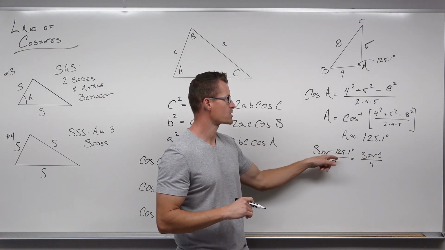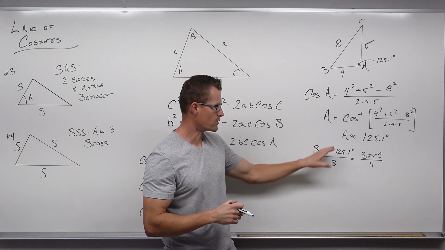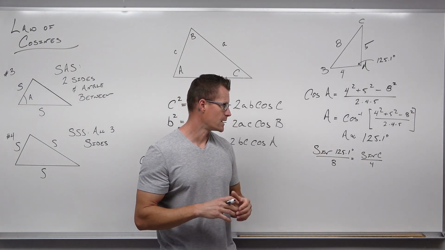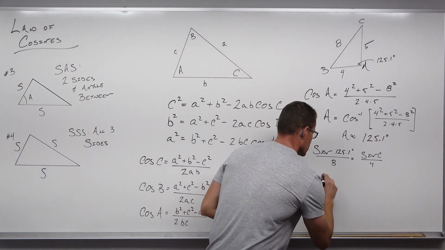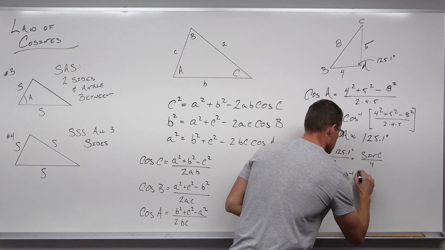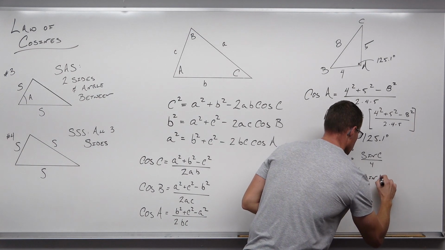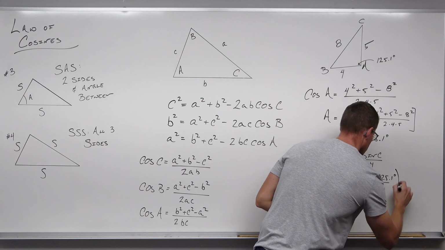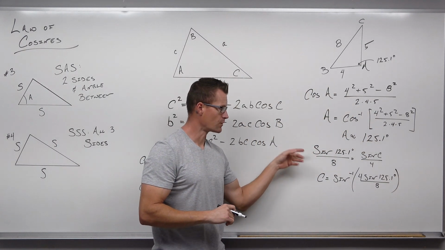I've completed one fraction, and I have this equal to another fraction that I know only one part of. I know 3 things, so I can find a fourth. If we multiply by 4 and take a sine inverse, then what we're going to get is c equals four times sine of 125.1 degrees over 8.